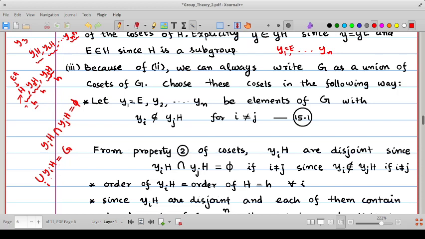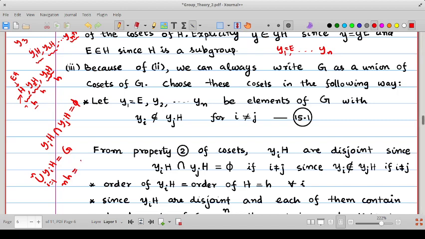Now if there are n such cosets here, and the union of n such disjoint cosets gives the group G, then the number of elements would be |H| for each of the cosets, and therefore a total of n times |H| elements will be there. So the group G should contain n times |H| elements.